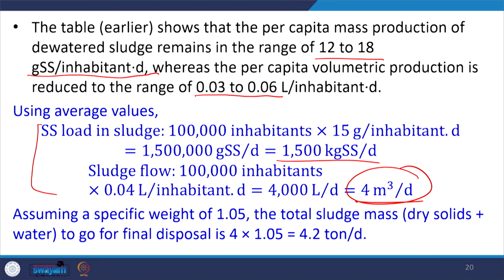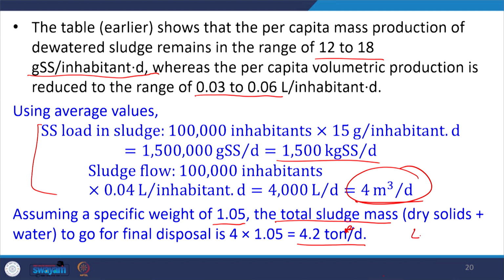Now we have to further assume what the specific weight of the sludge is, that is, how much above water it is. If we assume the specific weight to be 1.05, just slightly above water, the total sludge mass, dry solids plus water, to be sent for final disposal will be around 4.2 ton per day.